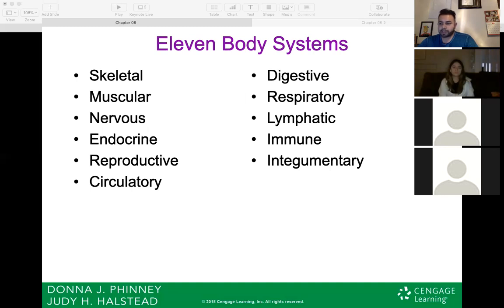Each consists of specific organs that serve specific purposes. There are 11 body systems: the skeletal, the muscular, the nervous, the endocrine and reproductive systems, the circulatory, the digestive, respiratory, lymphatic, immune, and integumentary. Each system has its own specific organs and specific purposes.